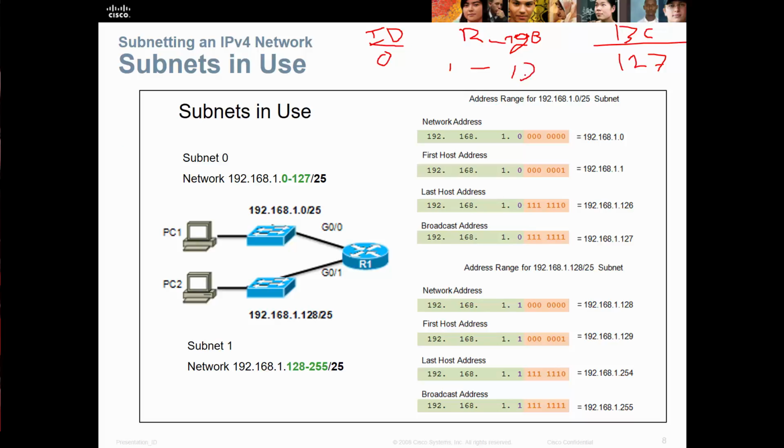So that's how we get our range. So first usable is 1 greater than the ID. Last usable, 1 less than the broadcast. But again, the address range is anything in between them.